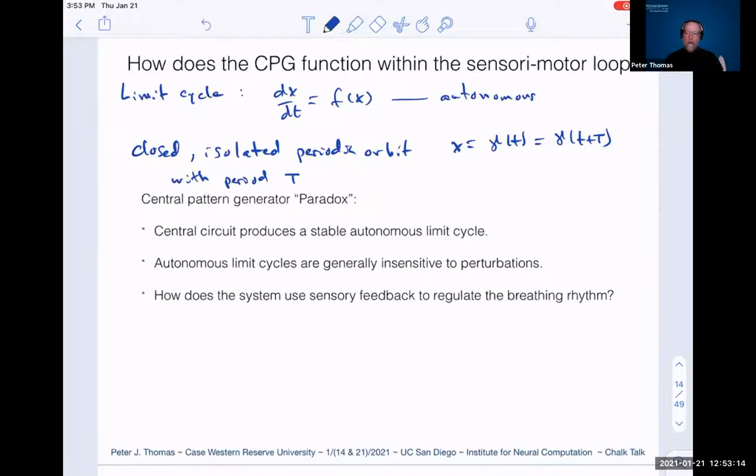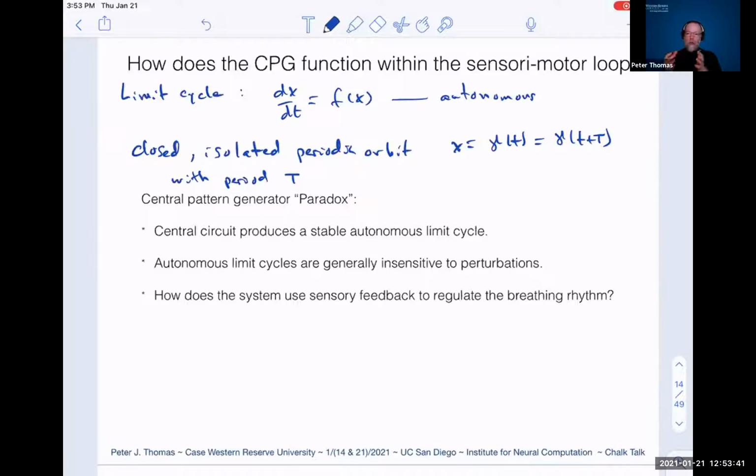On the other hand, you want to be able to adjust the cycle, because if you do get up from your chair and go for a walk after this, you don't want to be stuck in exactly the same breathing pattern when you're trying to walk around as when you're sitting still, because your metabolic demand will be larger because you're exercising, and you'll need to have a variant of the underlying rhythm.